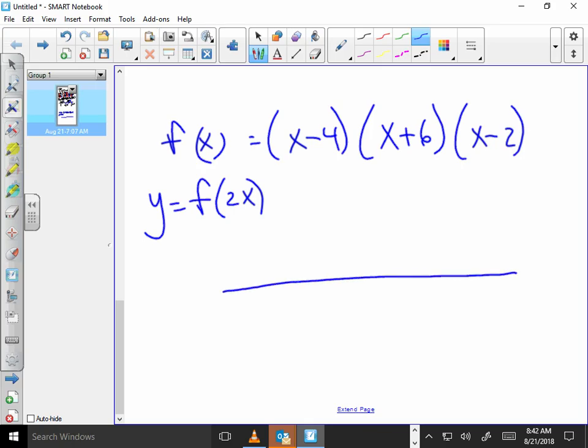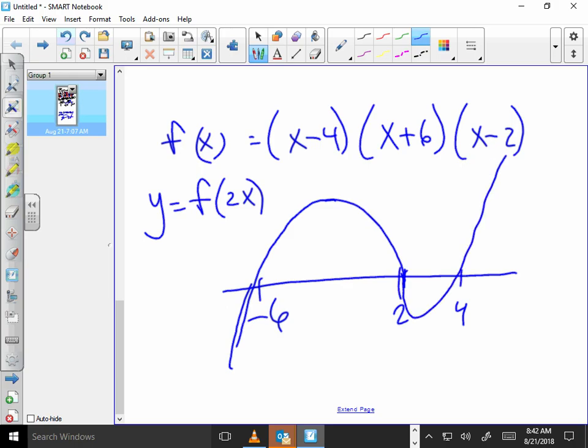The x-intercepts for f of x are located at -6 from this one, +2 from this one, and +4 from this one. And so my graph of f of x would look something like this.